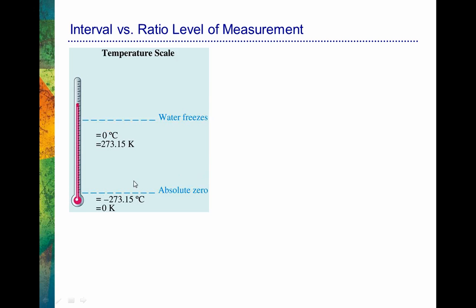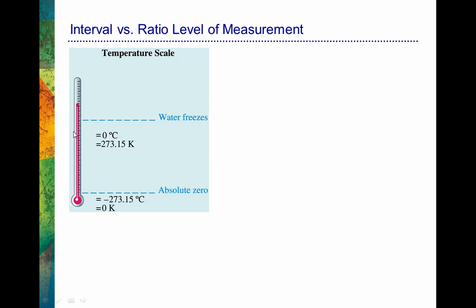Really, we have a great example when we deal with temperature in terms of Celsius or temperature in terms of Kelvin. As we mentioned before, Celsius would provide us with a scale that is only interval level. We have equal intervals along the entire number line, but 0 degrees Celsius does not measure the absence of heat. It's not the beginning, essentially, of the scale, because we know we can have negative degrees Celsius.